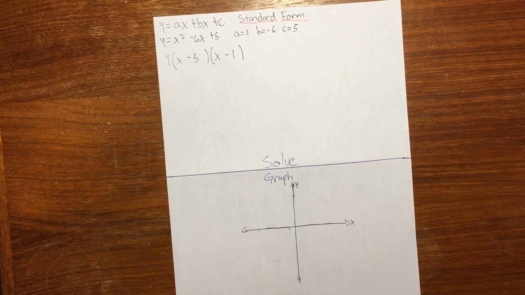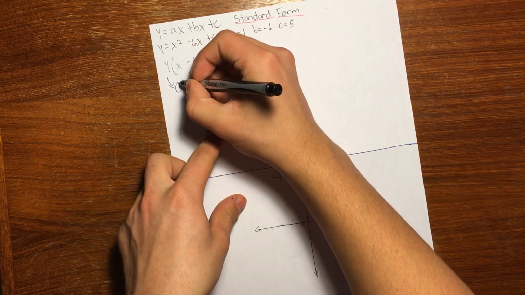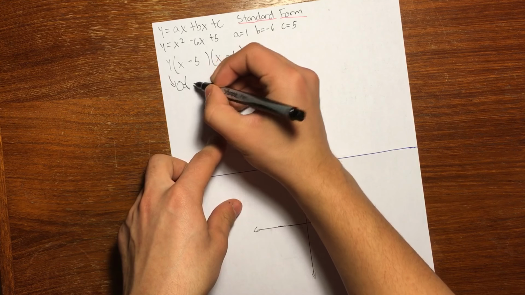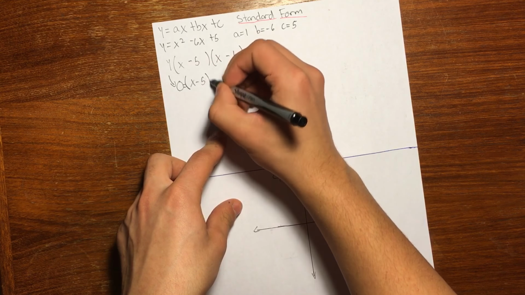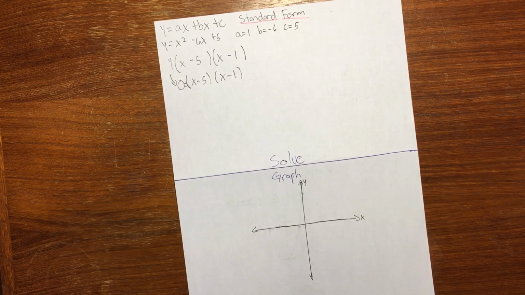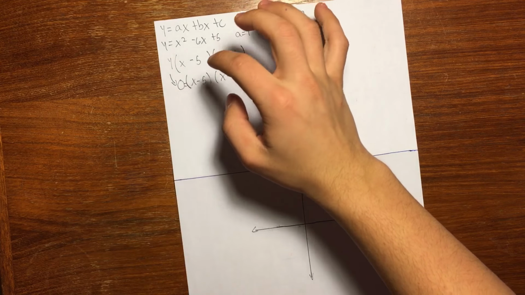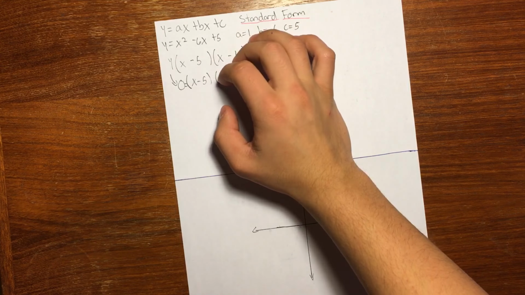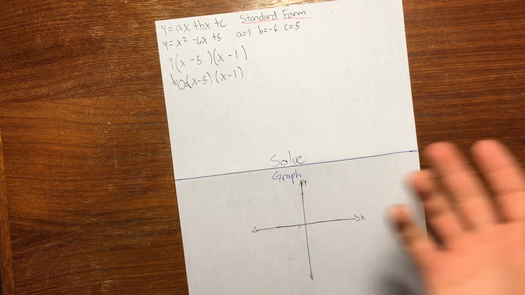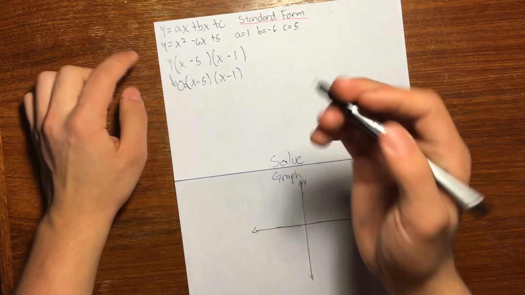In order to find them, we replace the y with a 0, and we bring down the equation, which is (x - 5)(x - 1). We need numbers that make each factor equal 0.